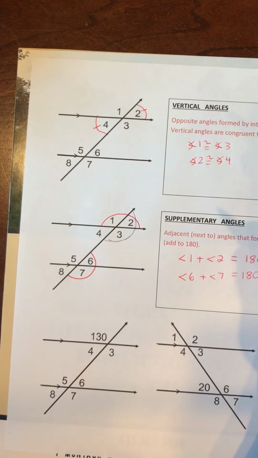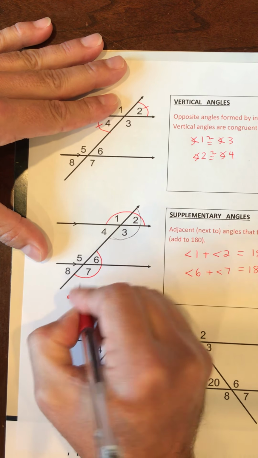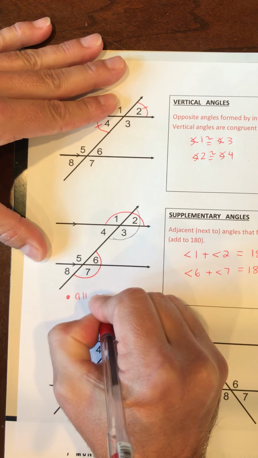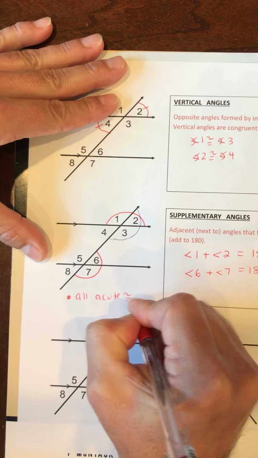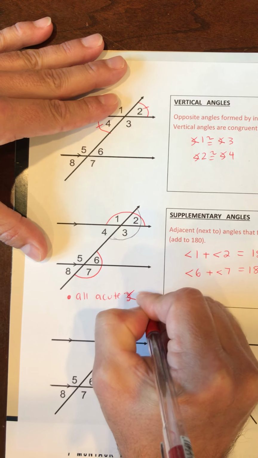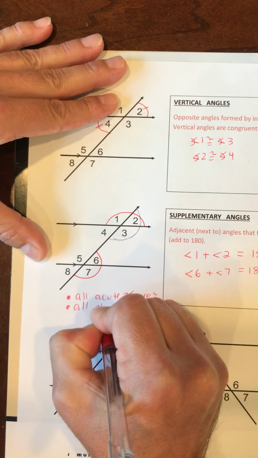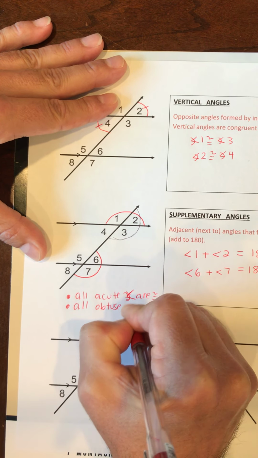All right, so the big picture here, 3 things you should take out of this. All acute angles are congruent. All of the obtuse angles are congruent.